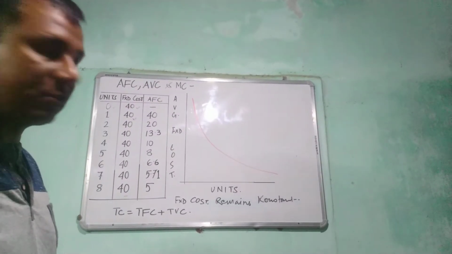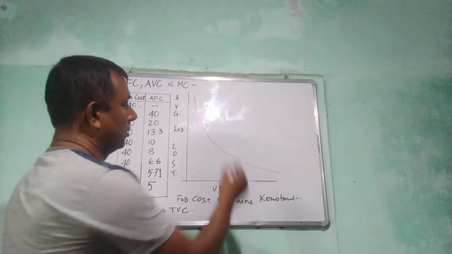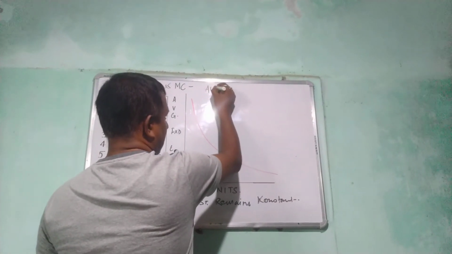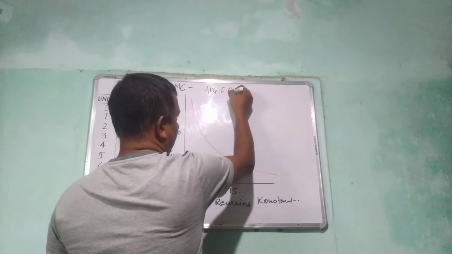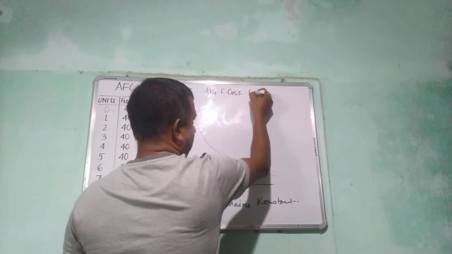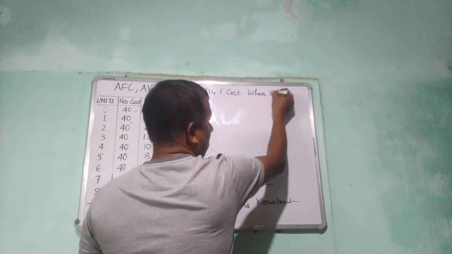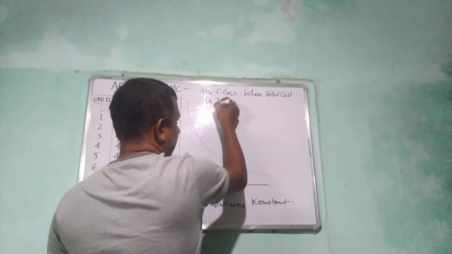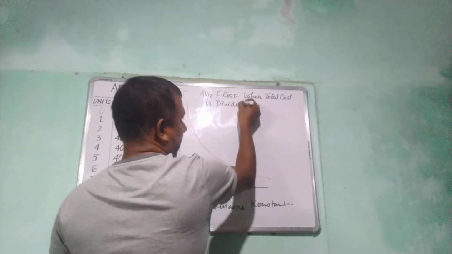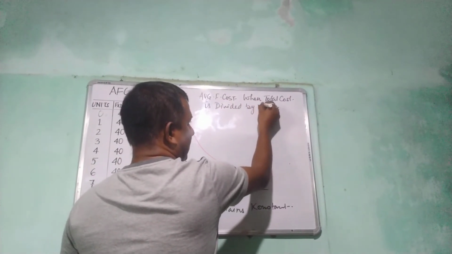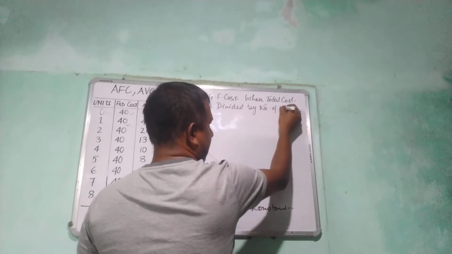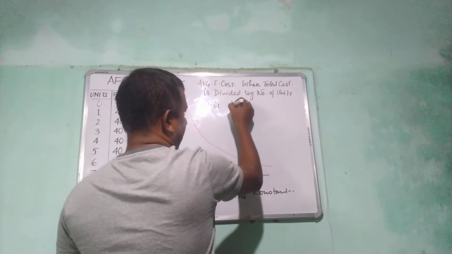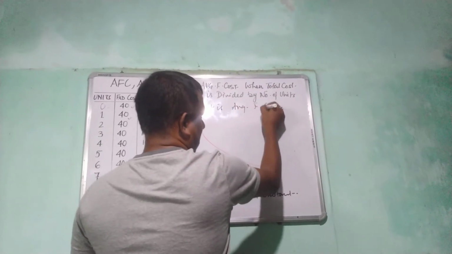Now what is average fixed cost? Average fixed cost means when total fixed cost is divided by the number of units, it is average fixed cost.